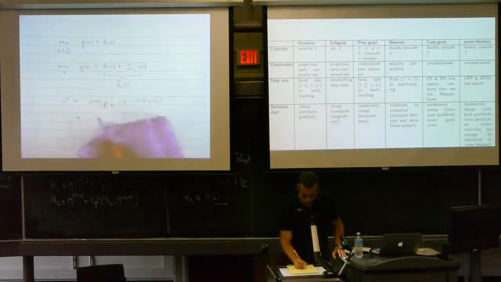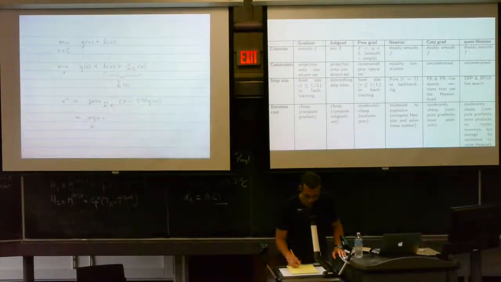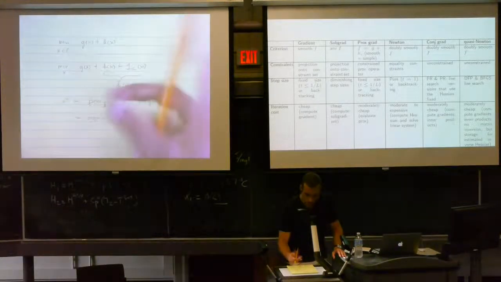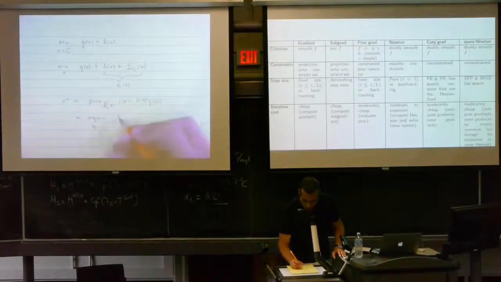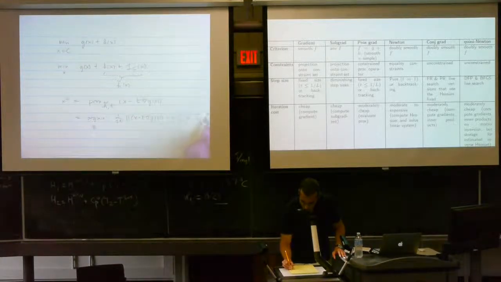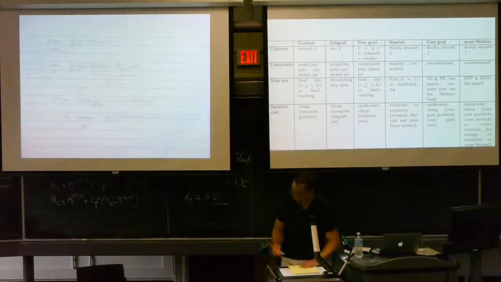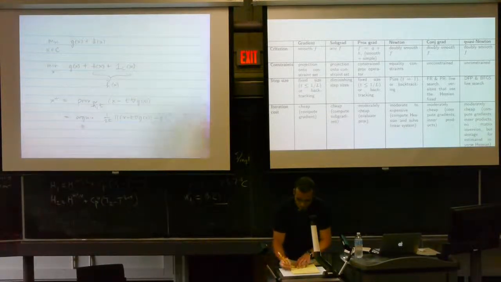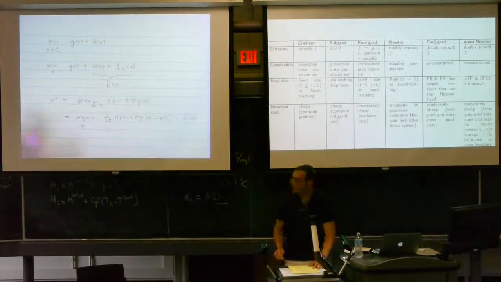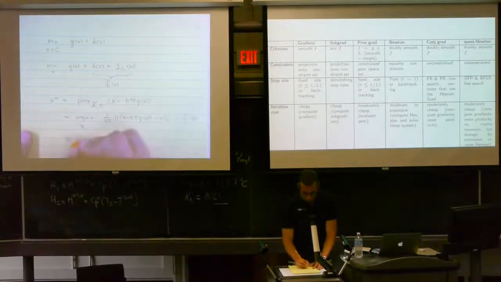What is that? That's the argmin over all z of 1 over 2t times the norm of x minus t times the gradient, minus z, squared, plus h tilde of z. Now let's expand back out h tilde.